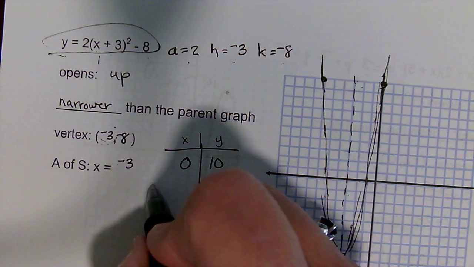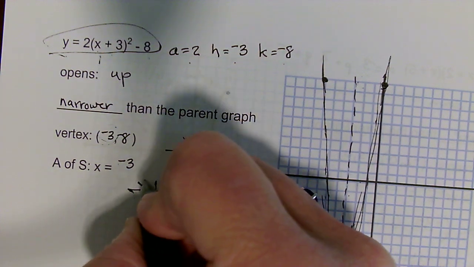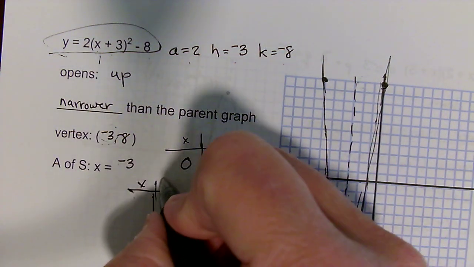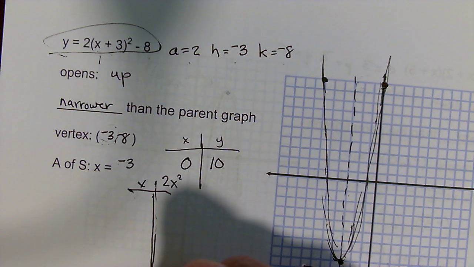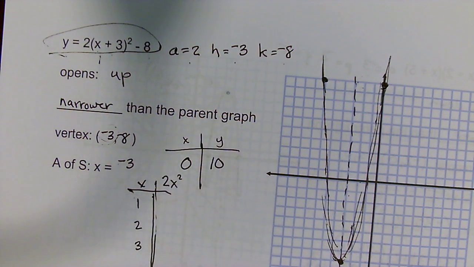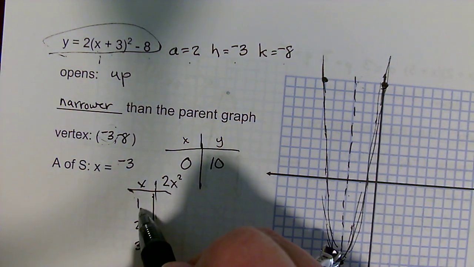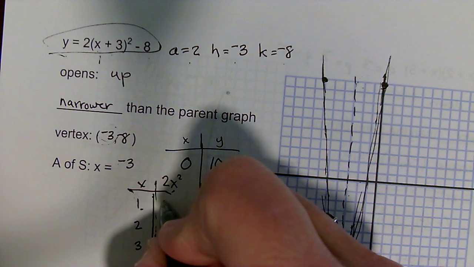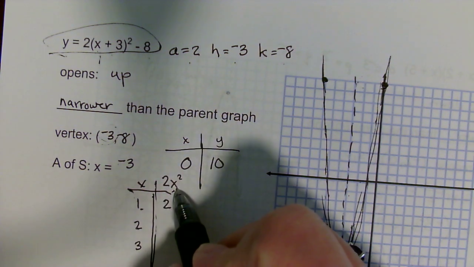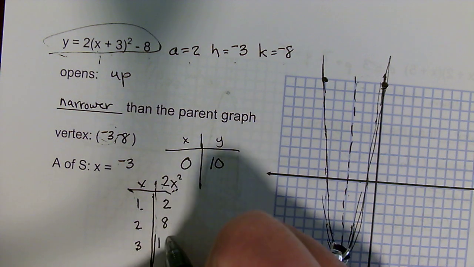Now here again, if I want to be more accurate, I can ignore everything except the ax squared. So if I go 1, 2, 3, I know 3 is going to be going off the chart here. So 1 squared is 1 times 2 is 2. 2 squared is 4 times 2 is 8. 3 squared is 9 times 2 is 18.